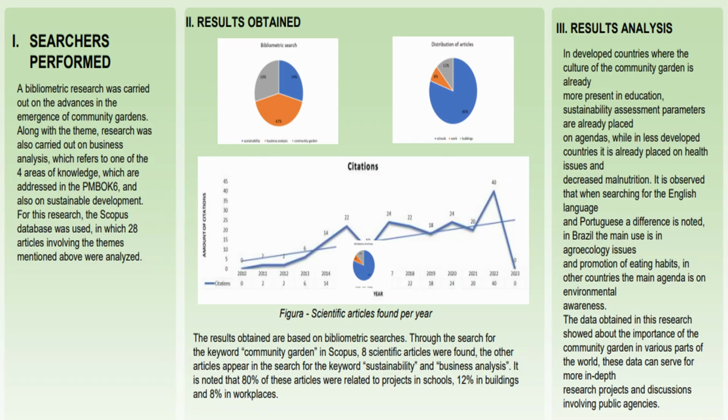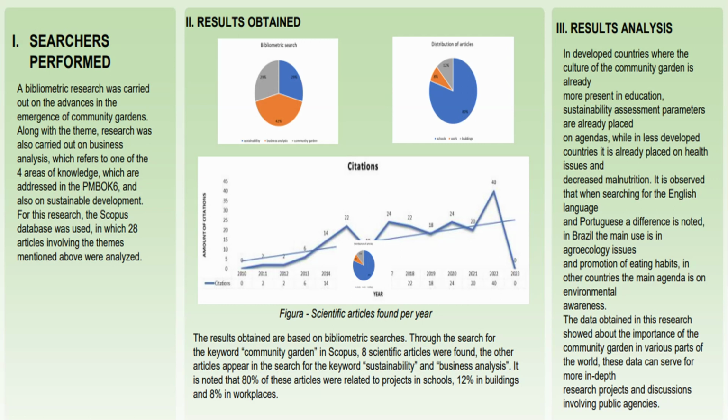Continuing, these are the bibliometric research that we developed. This was the basic content and the structure that we use, the bibliography of our research. So we researched articles with the keywords community garden, sustainability, and business analytics.